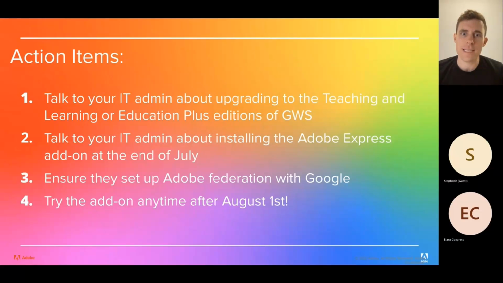So talk to your IT admin about upgrading to the Teaching and Learning or Education Plus editions of Google Workspace for Education. I imagine most teachers probably don't know if they have that or not, but your IT admin and EdTech team will. And then if they do, make sure that they install the Adobe Express add-on this week and next. It's launching officially on August 1st, but for many districts, it's rolling out this week during the summit.